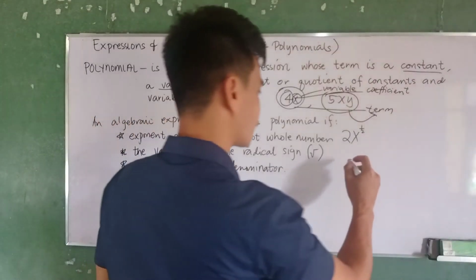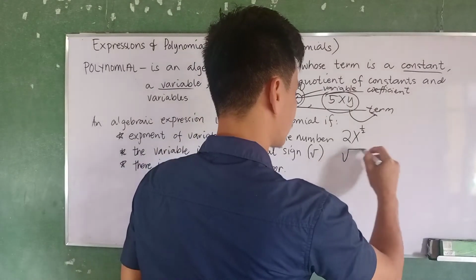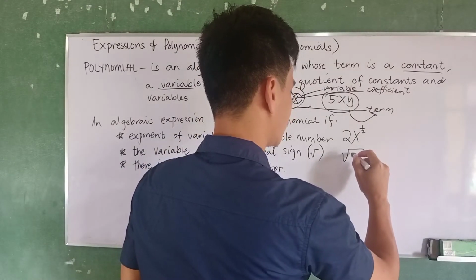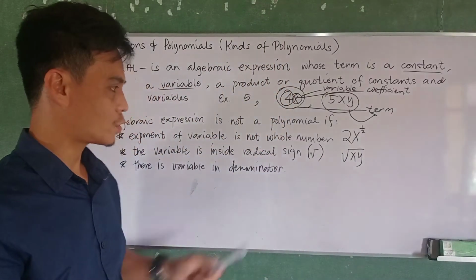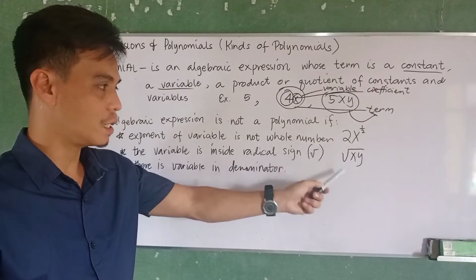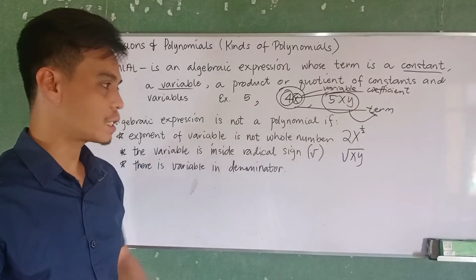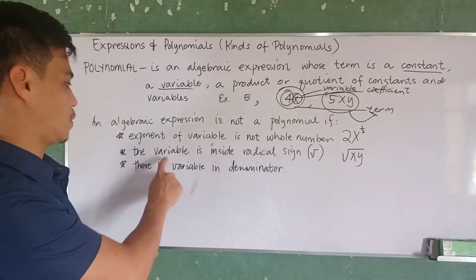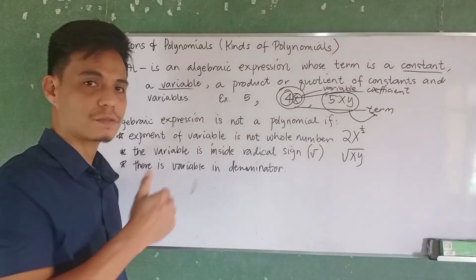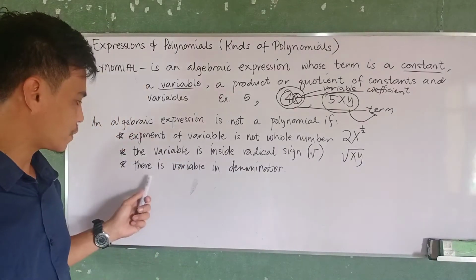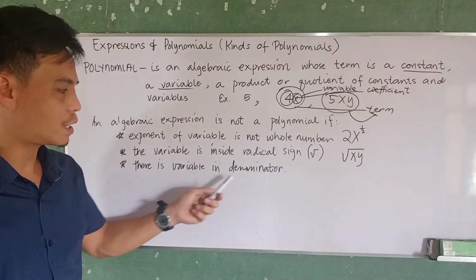So example, square root of x and y. So, hindi siya polynomial kapag nasa loob daw ng isang radical sign ang variable. Yung variables natin, yun yung mga letters na ginagamit natin, okay? And lastly, there is variable in denominator.